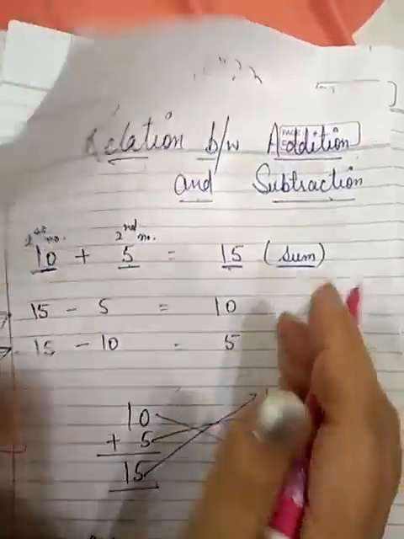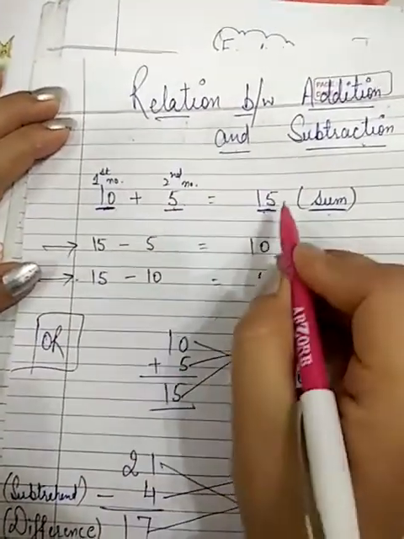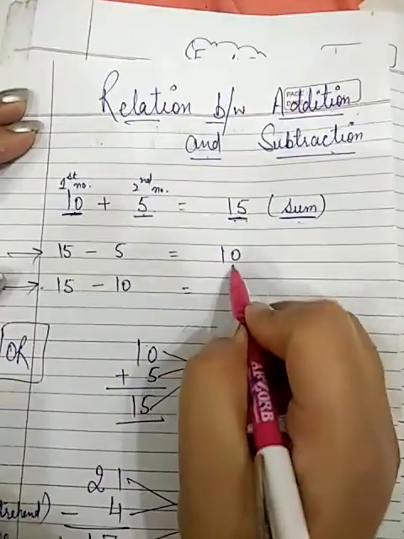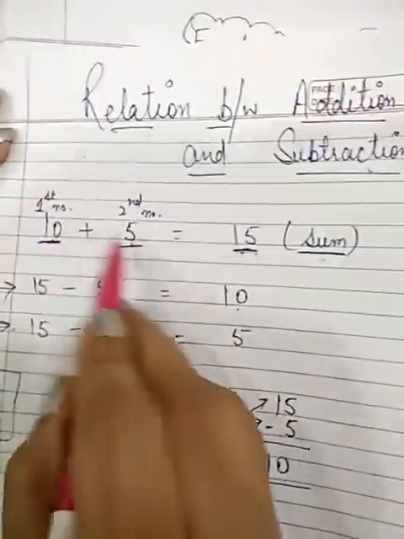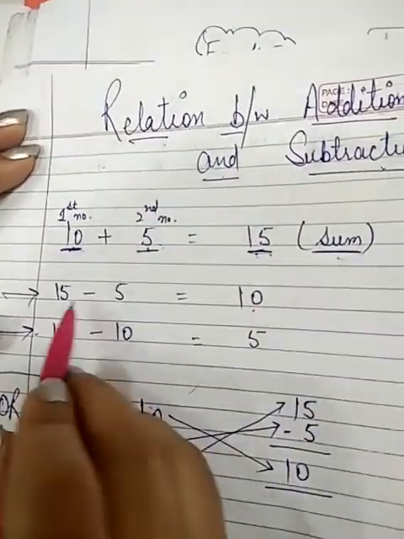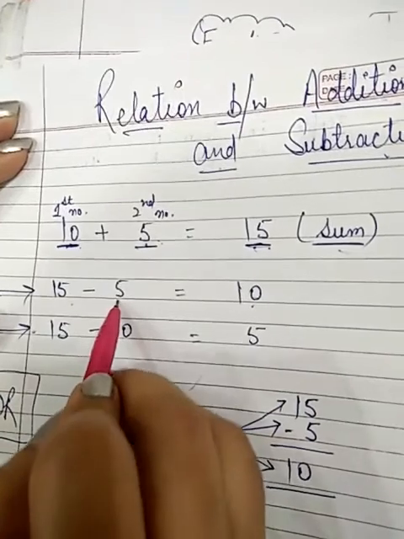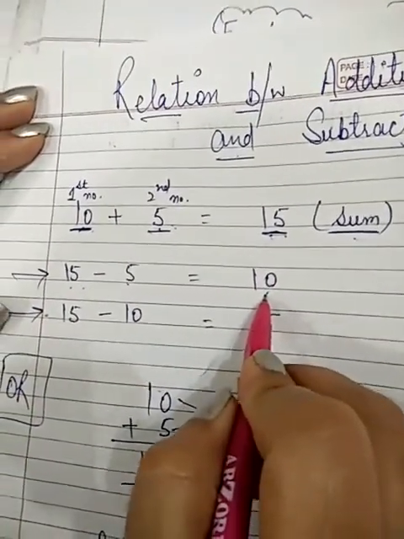So now what will the relation be? When you subtract any one number from the sum, you will get the other number. For example, I have subtracted 5 from 15. The answer is 10, which is the other number.